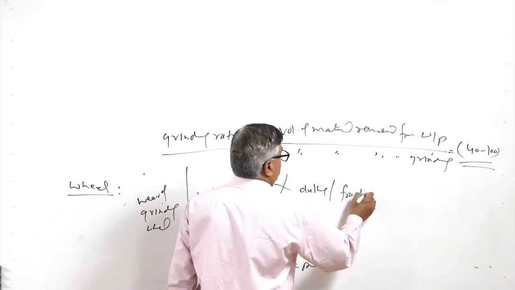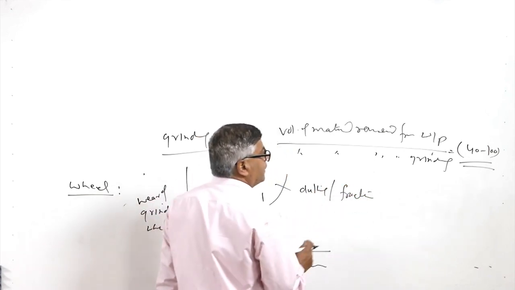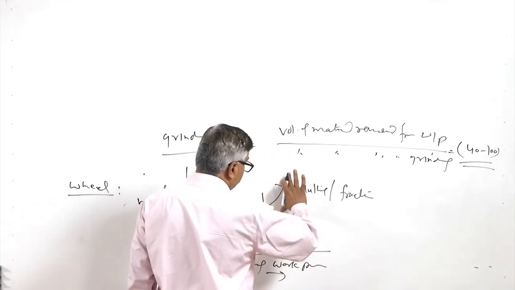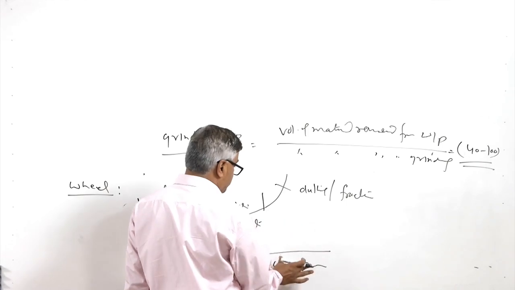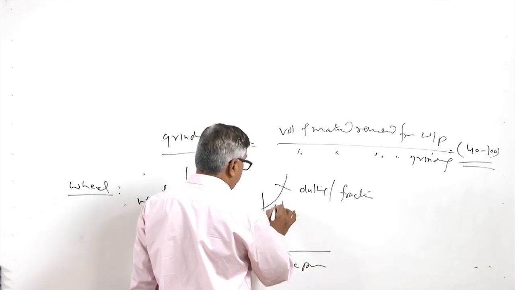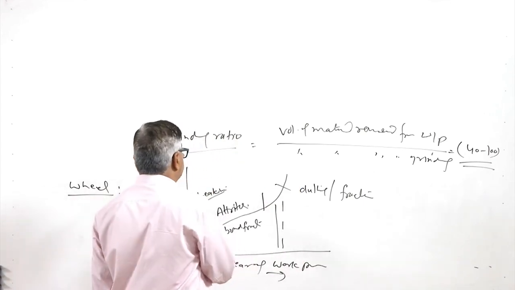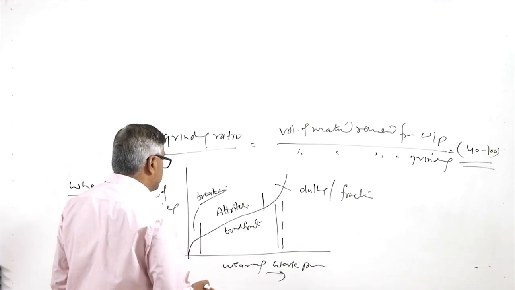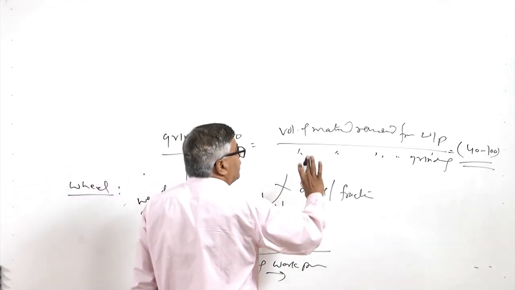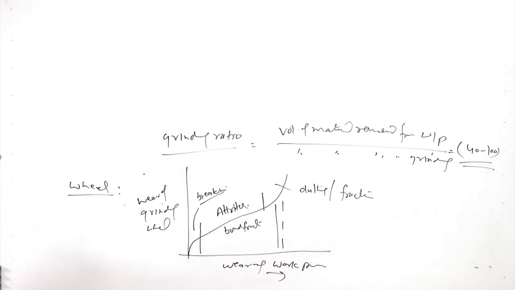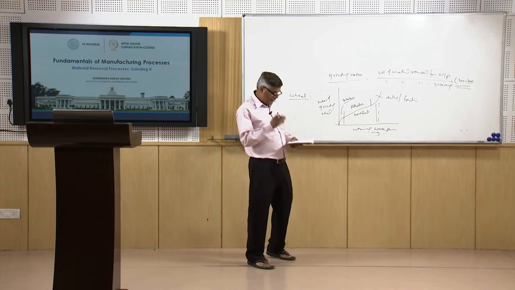So, the fracture of the abrasives and the fracture of the bonds takes place. Here the cuttability in the third phase is reduced significantly. So, without removal of much of the material from the workpiece, greater removal of the material from the grinding wheel takes place. So, these are the three stages by which material loss from the grinding wheel takes place.